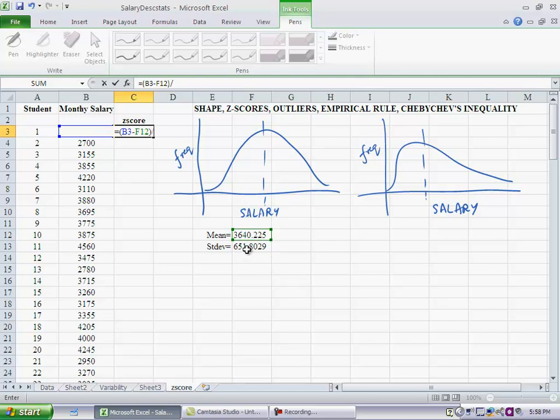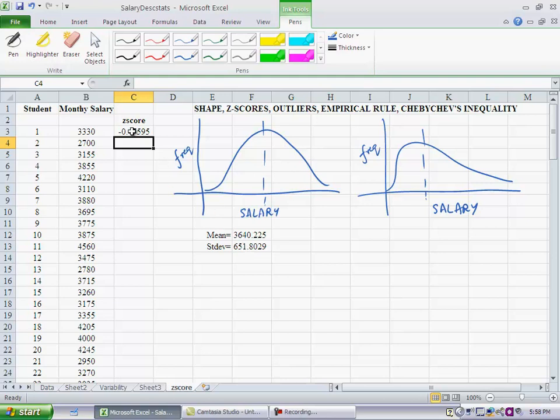So we divide it by the standard deviation, because if the standard deviation is $650, then being $300 away may not be that bad. Whereas if the standard deviation is $200, then being $300 away means something completely different. So we have a value over here, which is minus 0.47. Any negative z-score means that the value is below the mean. Any positive z-score means that the value is above the mean, of course.